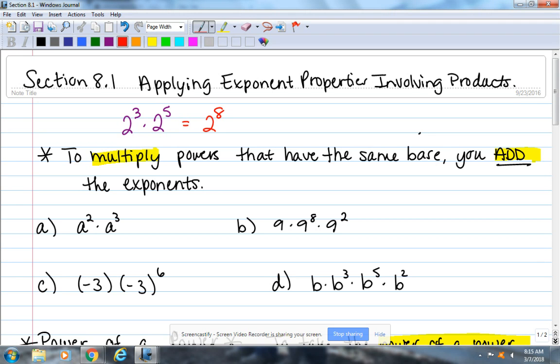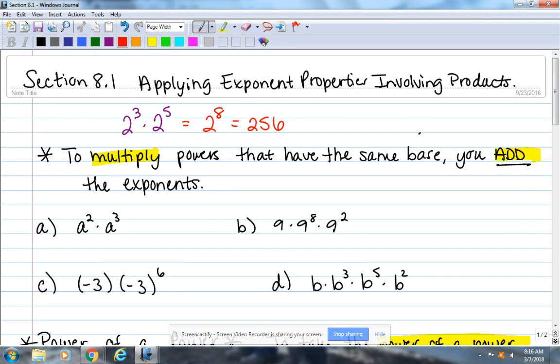So you would type in 2 rooftop 8 and hit enter. And what are we getting for 2 to the 8th power? 256. So if it wants you to evaluate the numbers, then that's how you would do it in your calculator. Now, obviously, if we have a variable, we can't do that because we can't put that in the calculator and get a number. So we're going to see some of those as well.